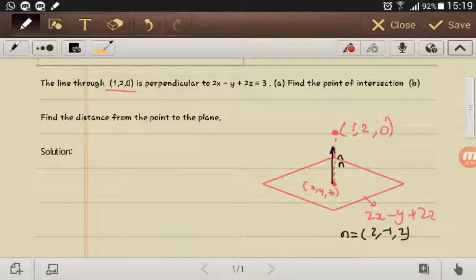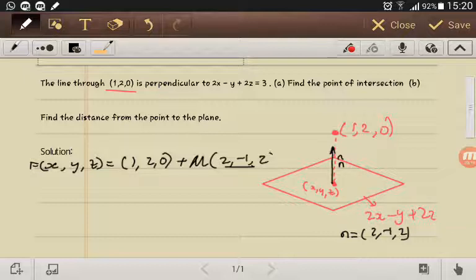So let's go. I'm going to write a parametric equation of the line. We know that this point (x, y, z) equals the point (1, 2, 0) plus mu times the vector here, which is (2, minus 1, 2).